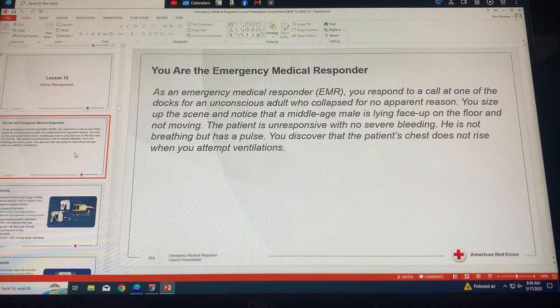The patient is unresponsive with no severe bleeding. He is not breathing but has a pulse. You discover that the patient's chest does not rise when you attempt ventilations. So hold your thoughts on this, and we will discuss it in person.